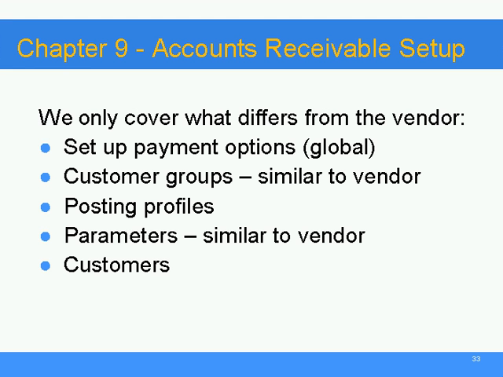Setup payment options, they are global, so it means that we set up for vendors and customers payment options in the same way and under the same folder setup and under the same folder payment. Customer group, similar to vendor, posting profiles and customer table differs from vendor.